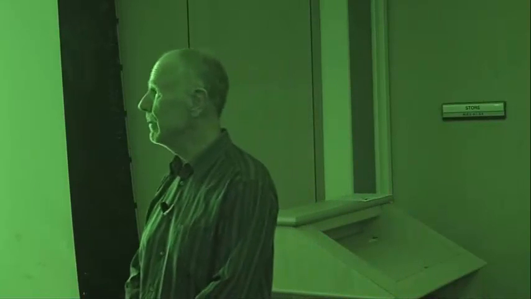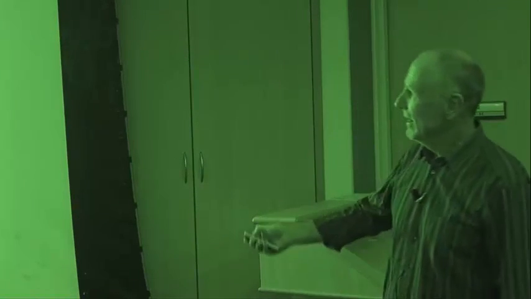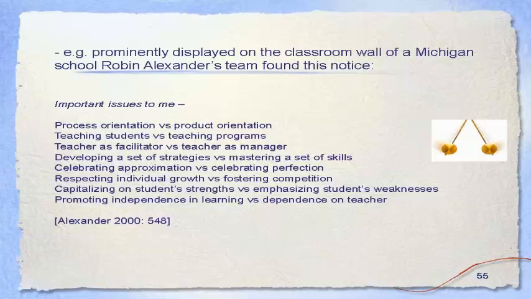I don't know if you know Robin Alexander's wonderful tour of Pedagogy Around the World, a fantastic book everyone needs to read. But here's one part of the book where he finds this little process writing manifesto on a classroom in Michigan.